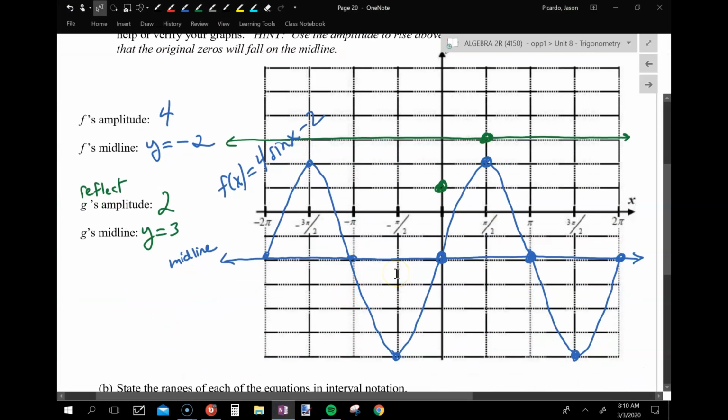So it's supposed to go 1, 3, 5, 3, 1, 3, 5, 3, 1. And we can use the calculator to help us do that.